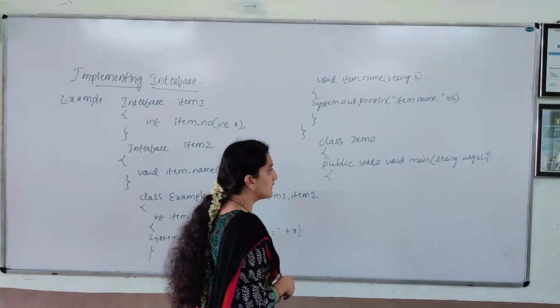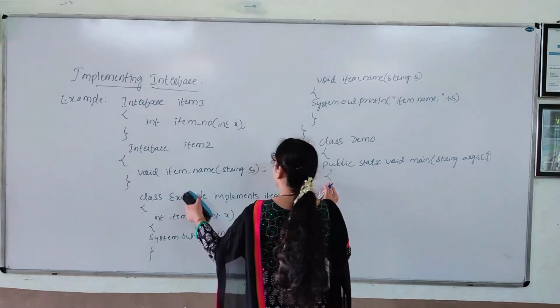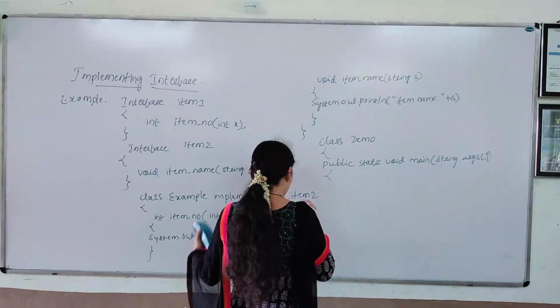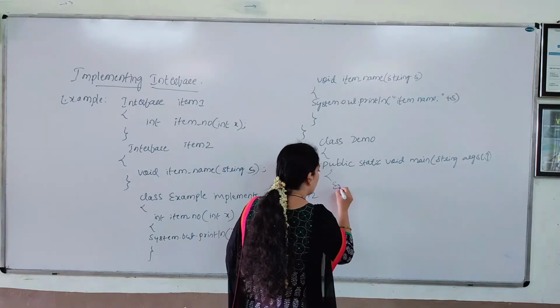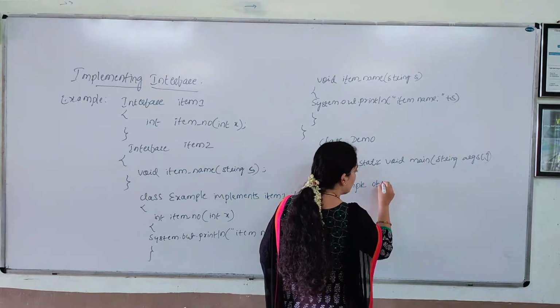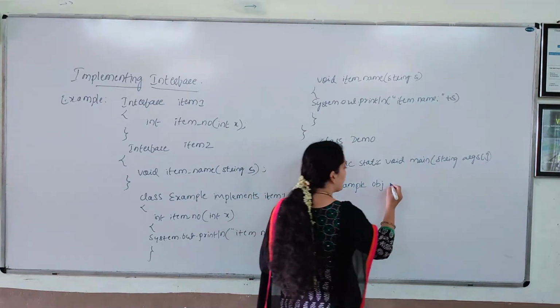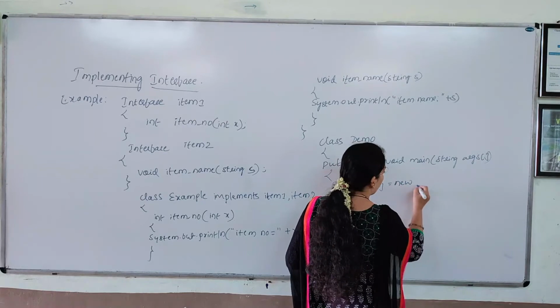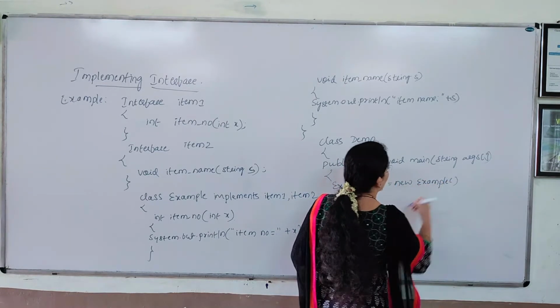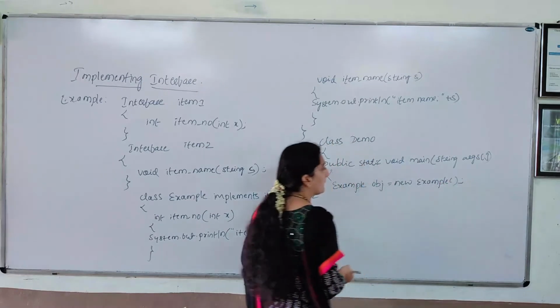And in this main method, I will create one object of class Example. To create an object of class Example, take the class name and object name. Object name I will take as obj, new operator and the default constructor of the class.